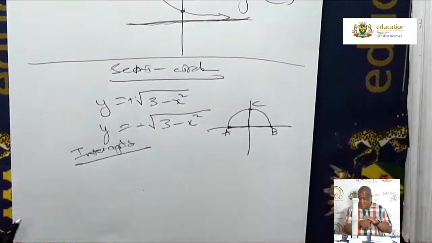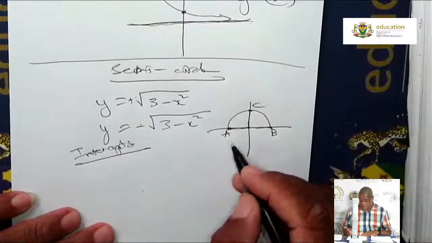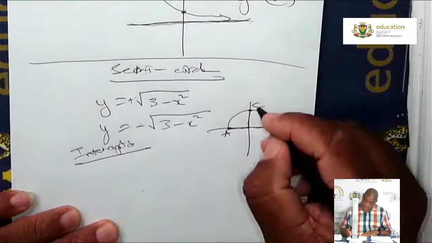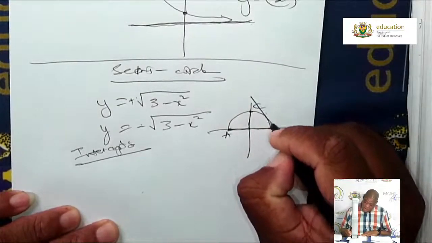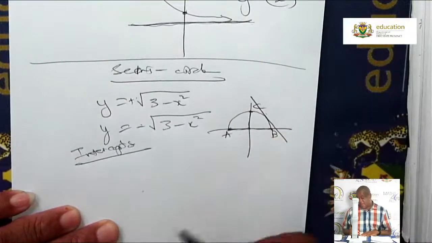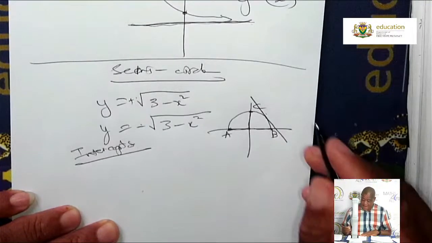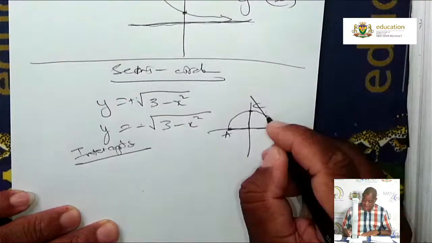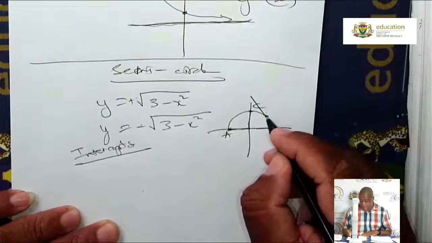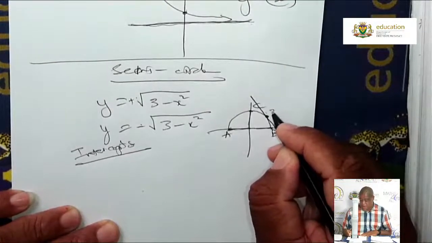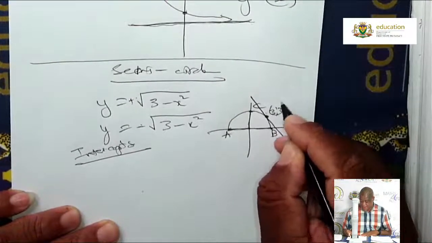And at some point, the examiner can be clever, and on this same graph of the semicircle, the examiner can draw a straight line. After drawing the straight line, the examiner can put a point there and say this point has coordinates 3 and 3.